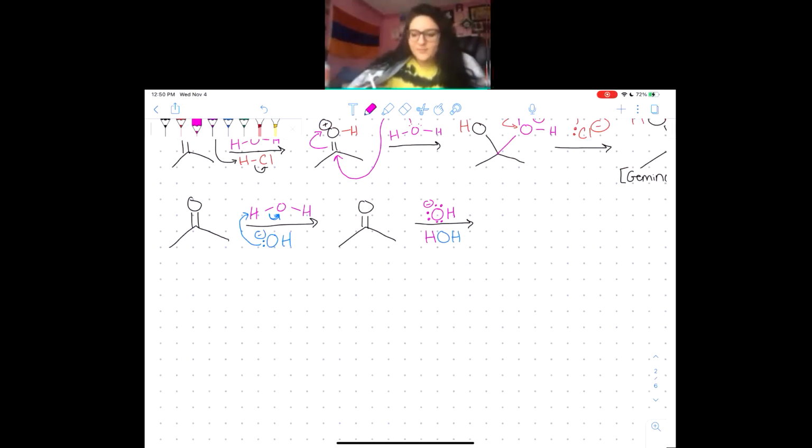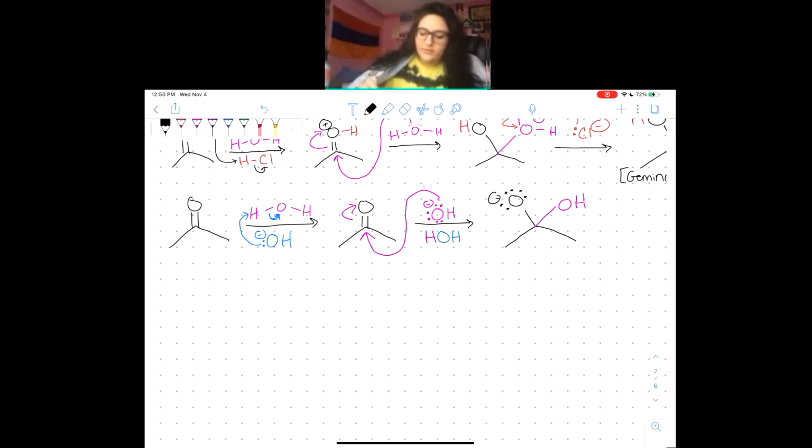Okay, so at this point, the nucleophile attacks, kicking up these electrons. So we end up with an O minus. It has all those extra electrons. And we added an OH.